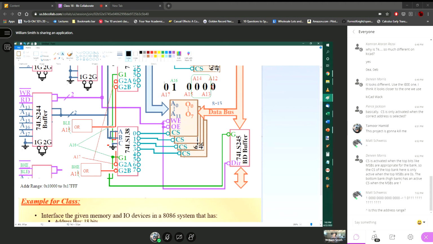You're going to be in some other address that's going to be bigger than that. So if you have an address, let's say the A16 bit is 0, right? If you've got a number less than 10,000, say you're addressing 0x0070, A16 is going to be a 0.